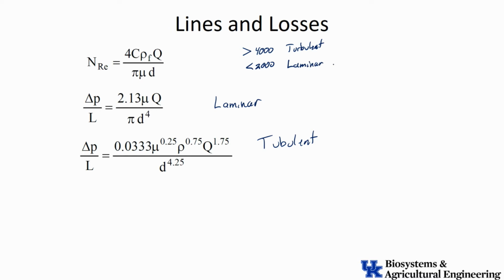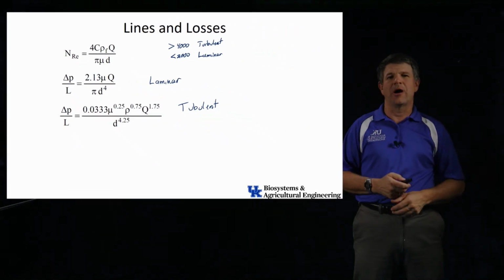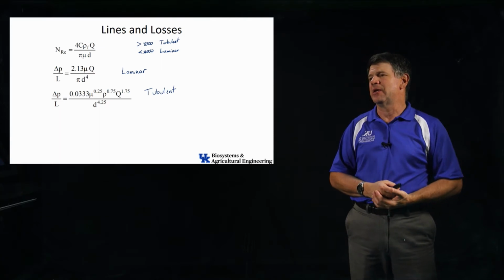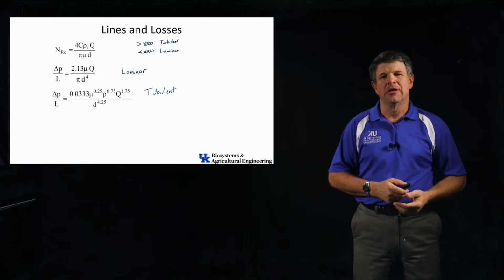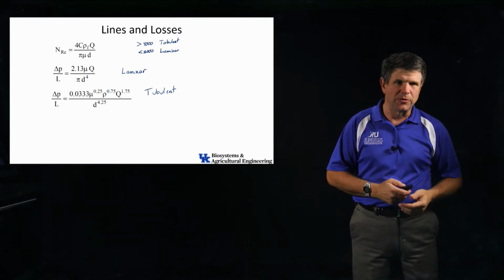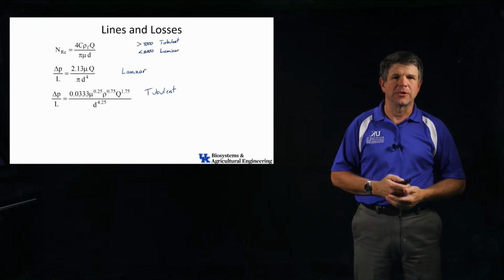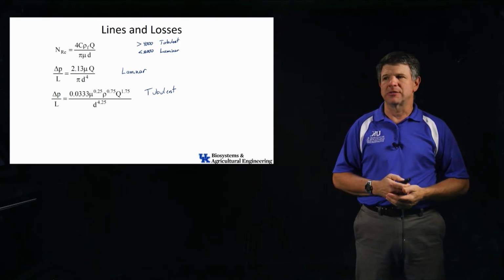If it's between the two, it's really ugly. You're taking a guess. Nobody really knows what goes on in that region, so frankly, what I usually do is just say it's turbulent, because that's probably going to give me a bigger pressure drop, and that'll be the more conservative estimate. But again, your book has some really good examples on how to do that, so I'll let you read that and go through those examples when we have some homework practice.